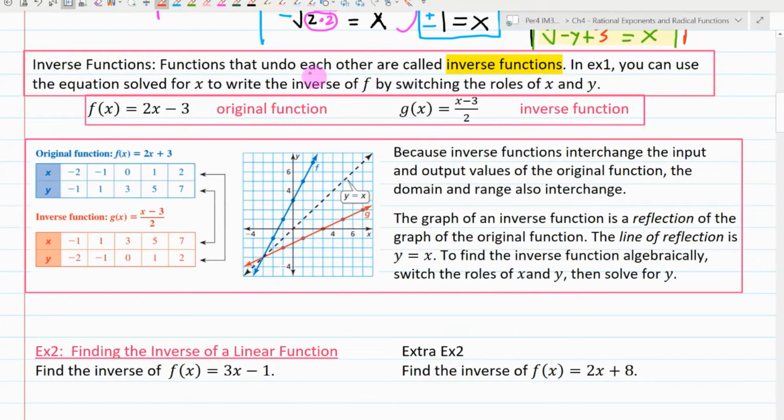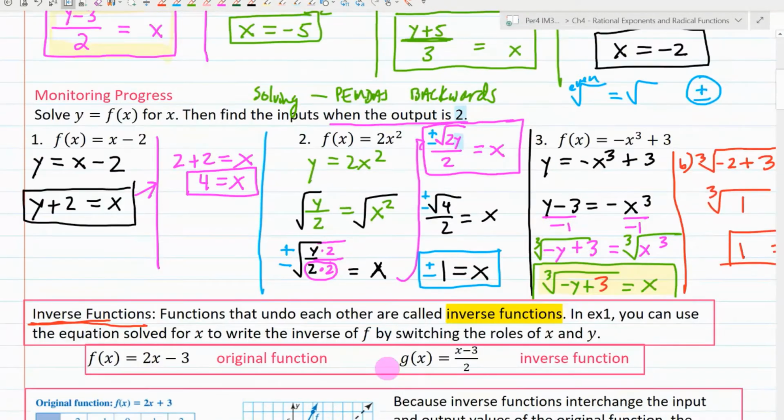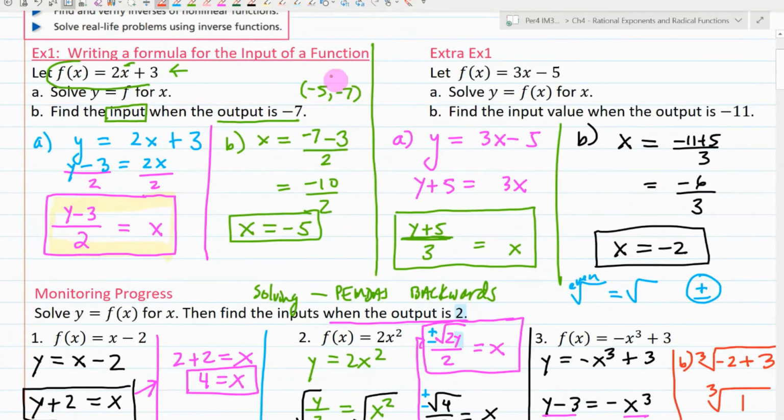All right, so now we have inverse functions. And inverse functions, we're actually going to get to them finally, are functions that undo each other. Okay, so in the very first example, you can use the equation that we solved for x to write the inverse. So for example, let's go back to the very first one that we did here in example 1.